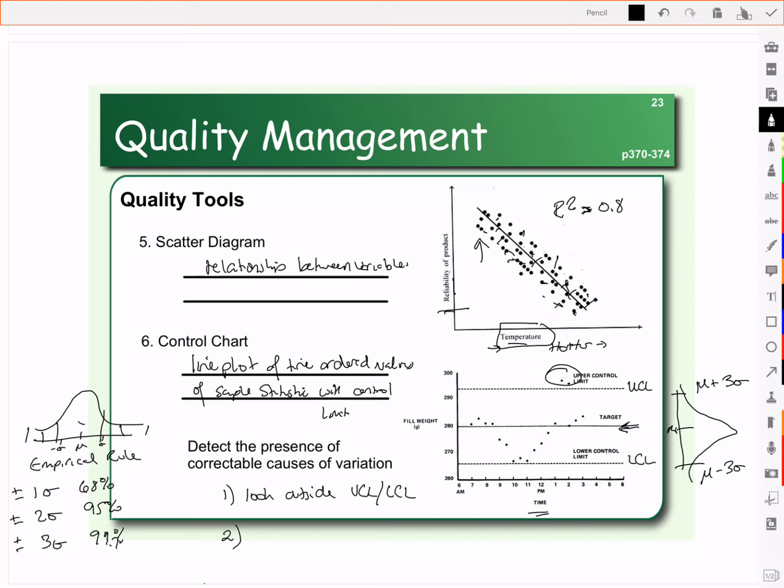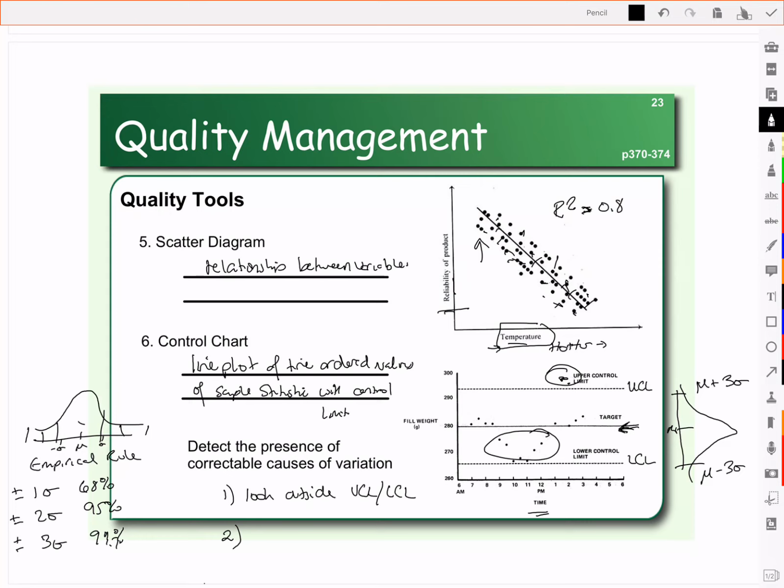In this table we're looking at, we're filling bottles of ketchup, and we have a target for how much ketchup we put in each bottle. There's an upper and a lower control limit, so there's some variability we will allow when we fill these ketchup bottles, but we don't want to overfill a ketchup bottle, which is that point above the upper control limit. We also want to identify if we are consistently, over time, under or overfilling the ketchup bottles.